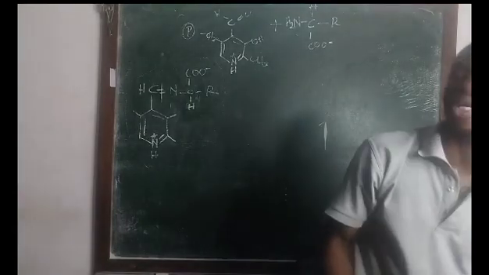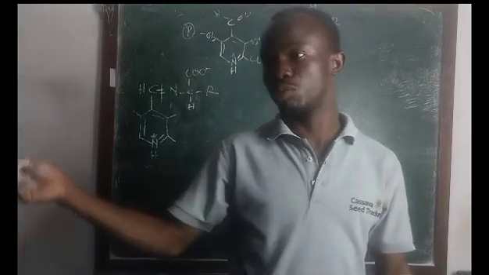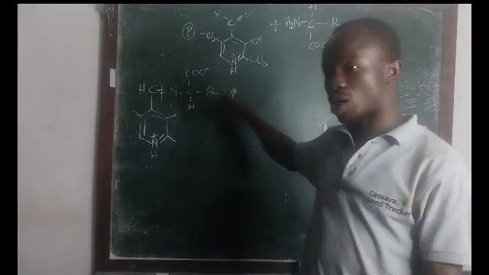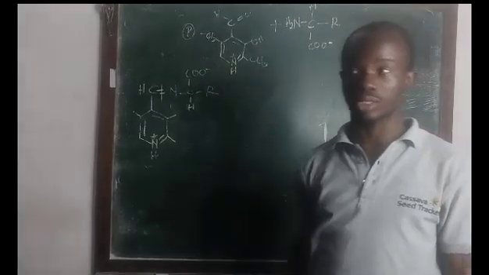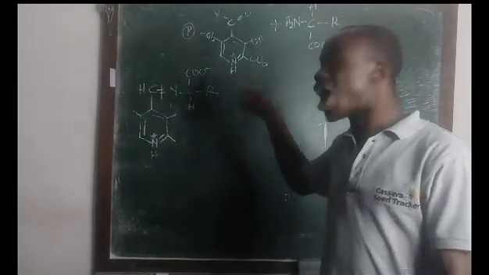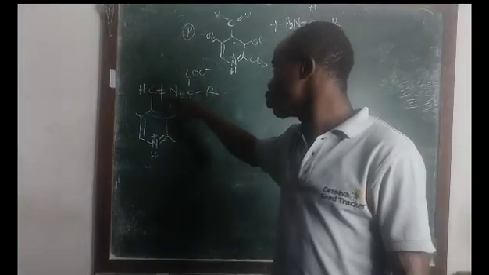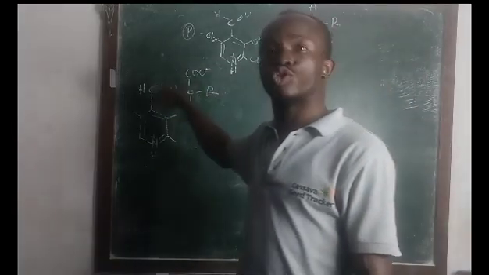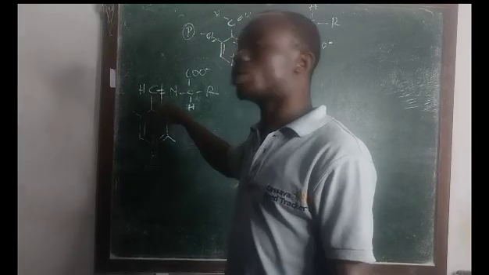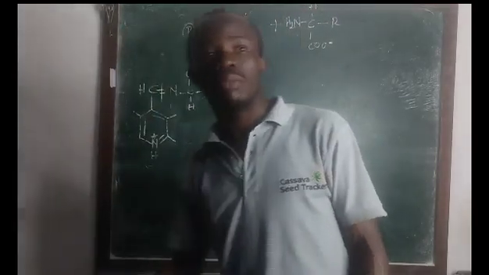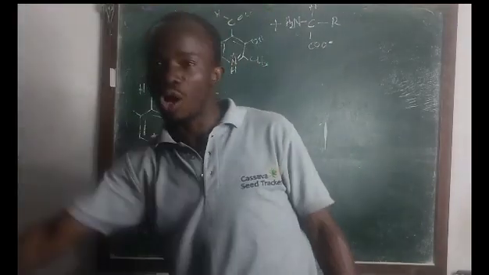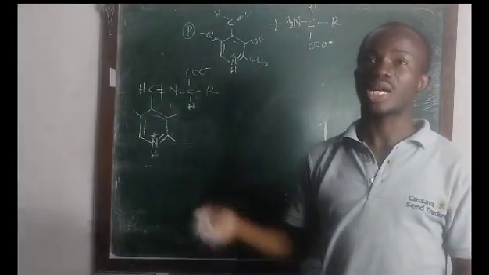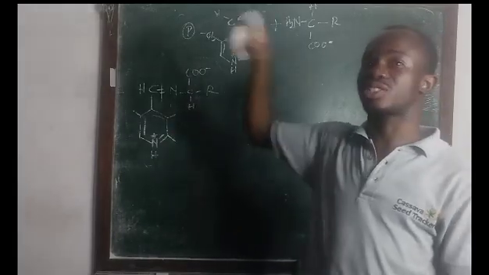The point there is that you can use the method to remove the amino group from the amino acid. If you remove the amino group from the amino acid, you get your keto acid. The amino group leaves the amino acid and goes to pyridoxal, and that's why you have pyridoxamine. But now the pyridoxamine can transfer that amino group to another keto acid. And that's where the word transamination comes from.